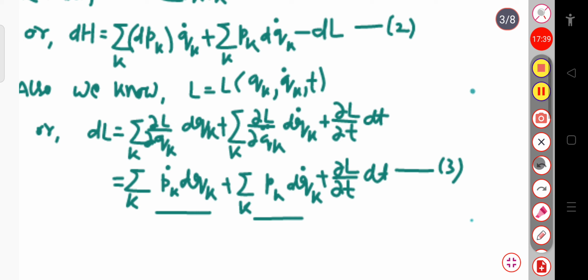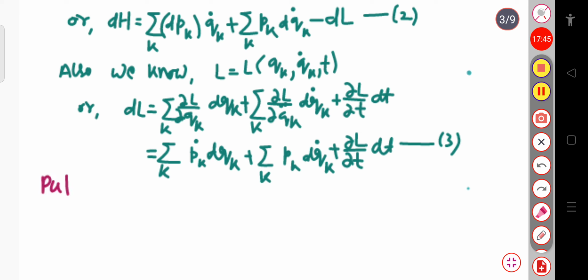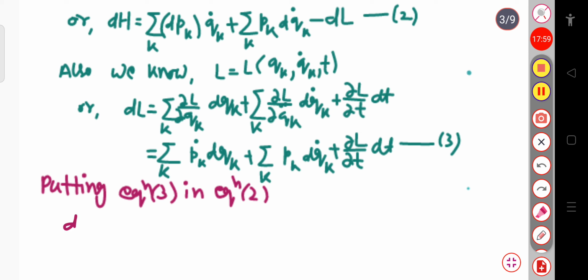So putting equation 3 in equation 2, this will be dH equal to sum over k, qk dot into dpk, plus sum over k pk dqk dot.